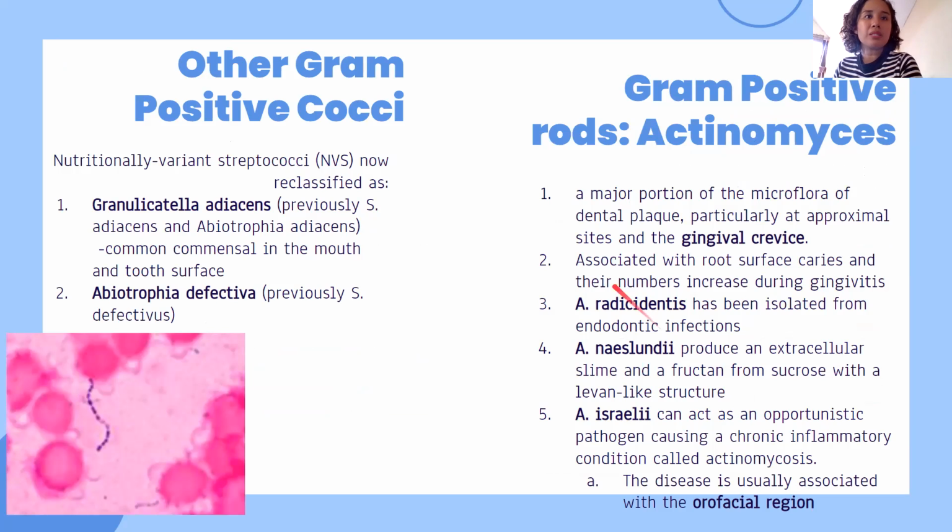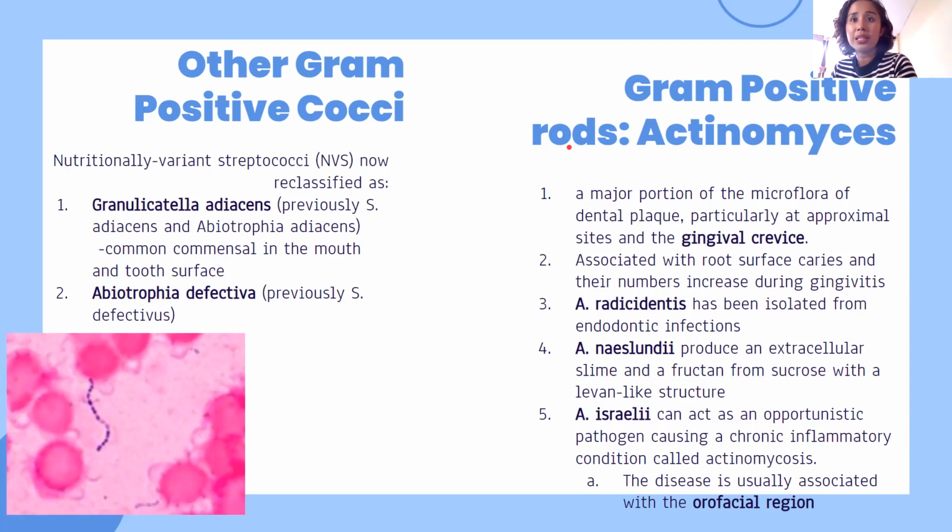So other gram-positive cocci, we have Granulicatella adiacens and Abiotrophia defectiva. The former name of Granulicatella is nutritionally variant streptococci, because it is streptococci in morphology, so in chains and round. It is found in the mouth and on tooth surfaces.